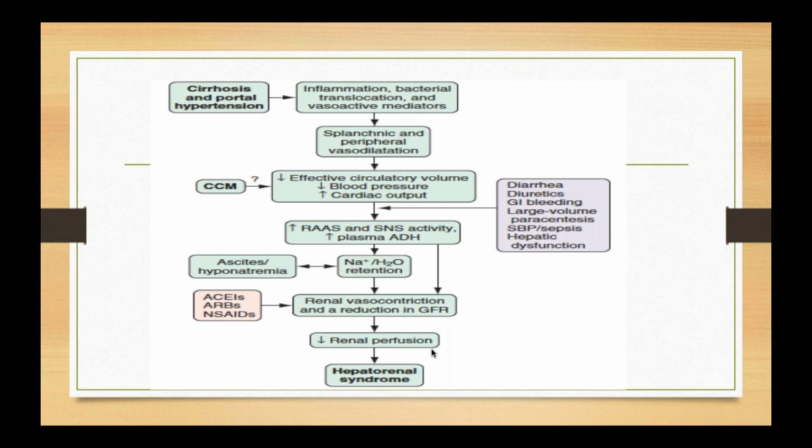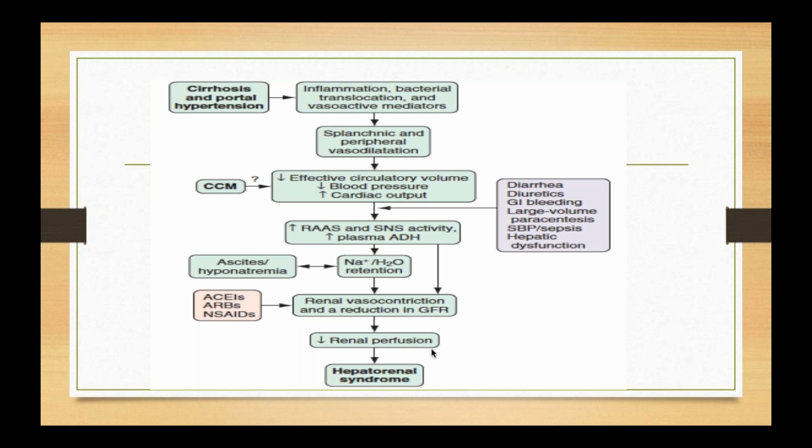So basically, whenever there's cirrhosis, portal hypertension, inflammation, bacterial translocation, and all those occur, there is a splanchnic and peripheral vasodilatation. So there is a decreased circulatory volume. Whenever there is a decreased circulatory volume, the RAS gets activated, and there is sodium and water retention. So basically, there occurs a renal vasoconstriction.